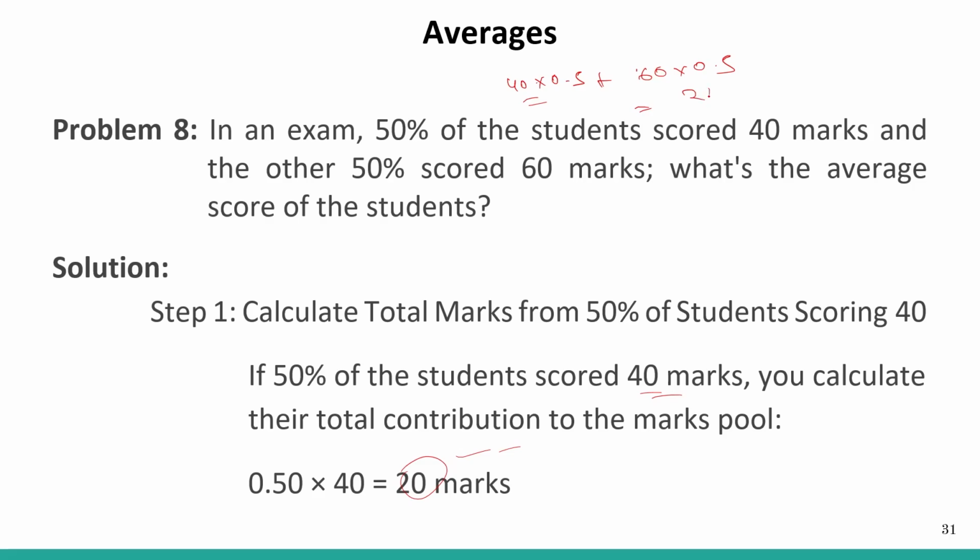So this will be 20, and this will be 30, so 20 plus 30 is equal to 50. So this will be the average marks scored by the whole class. Okay, so the average score of the students will be 50 marks.